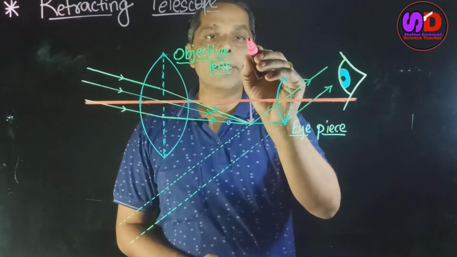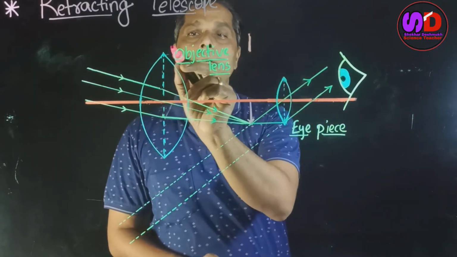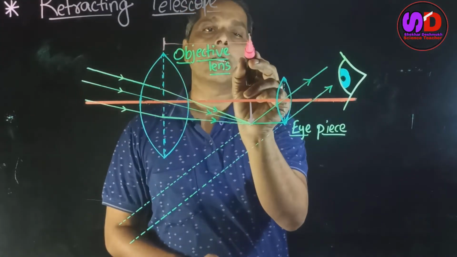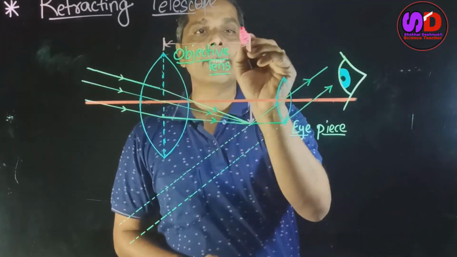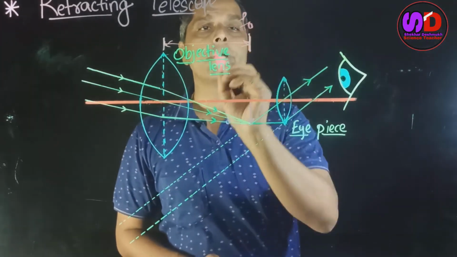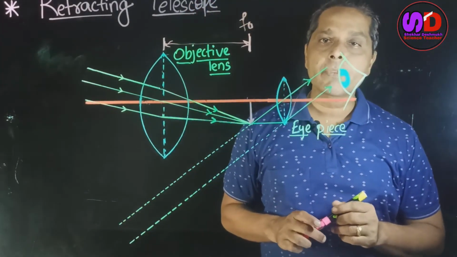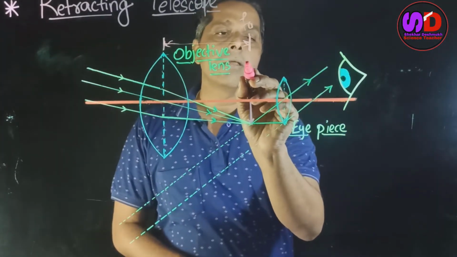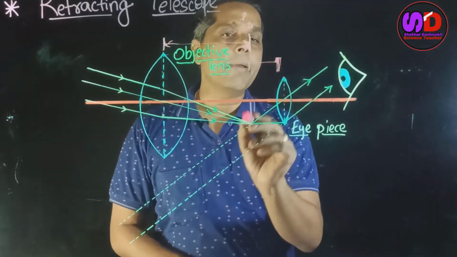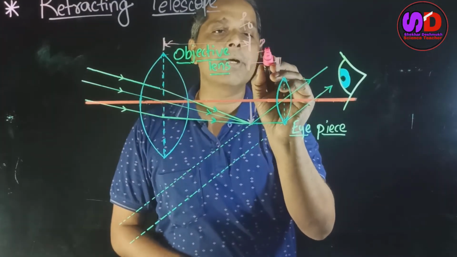That means this must be the focal length of the object lens, so we can say FO here. And this must be the focal length of the eyepiece, that is FE.